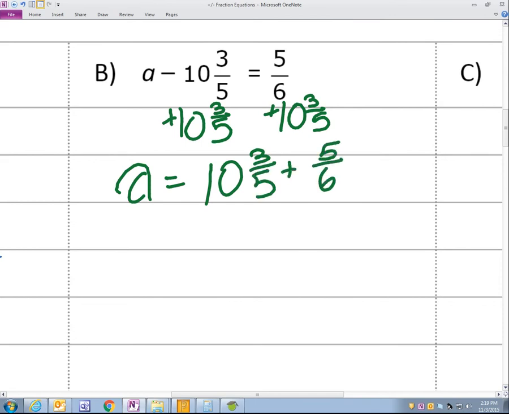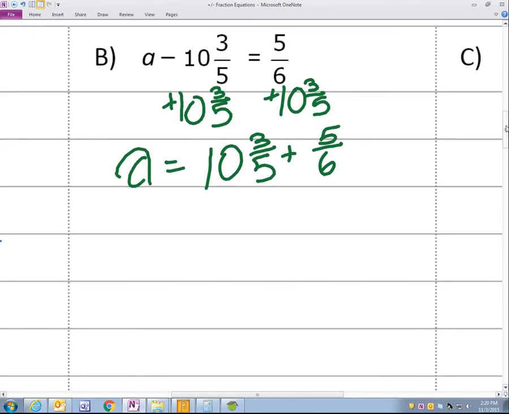Now I'm going to do this one a little bit differently. I'm going to pull the whole numbers out because I'm adding. Because I'm adding, it makes it so much easier to pull the integer out. So I have 10 plus 3/5 plus 5/6.